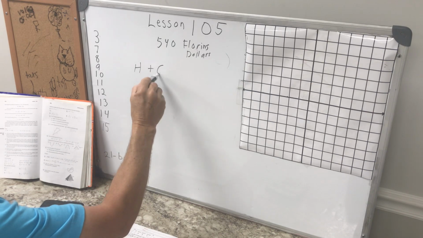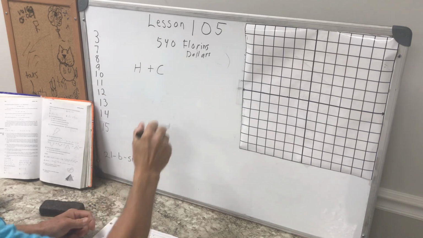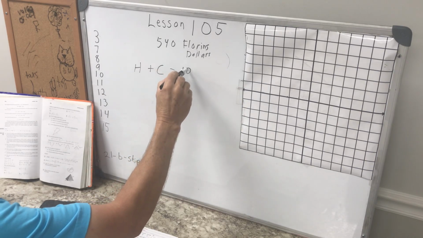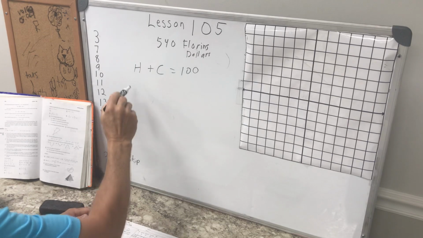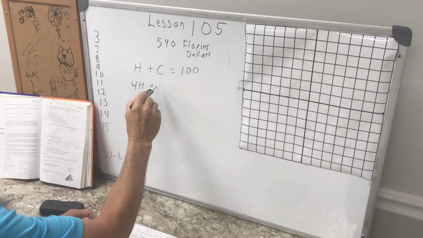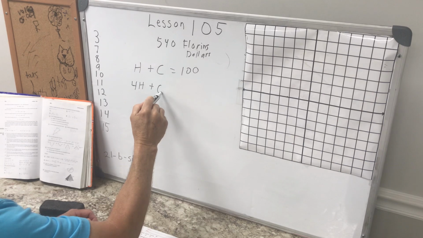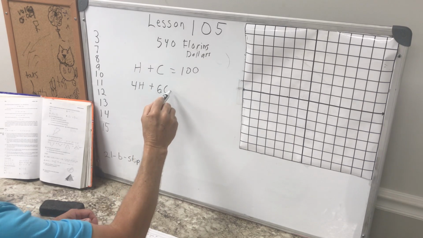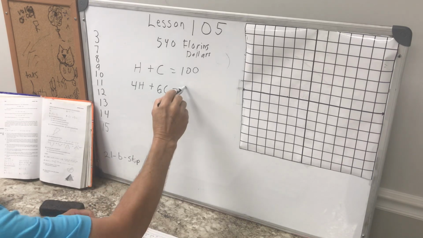If you read through that, I believe he bought 100 pieces. The helmets were worth 4 florins, 4H, and the cuirasses were 6, 6C, equals, and the total amount of florins or dollars was 540.